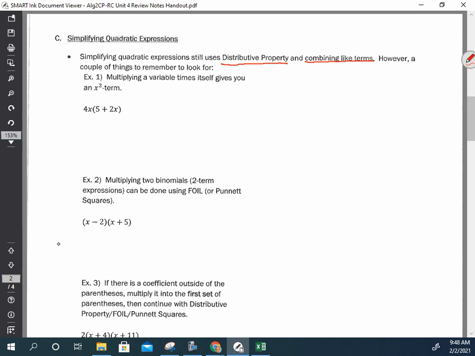So when it's a quadratic expression, there's 4 things that show up more times than not. First off, first thing you have to remember, if you multiply a variable times itself, you're going to end up with an x squared term. So if you have 4x times 5 plus 2x, that's nothing more than distributive property.